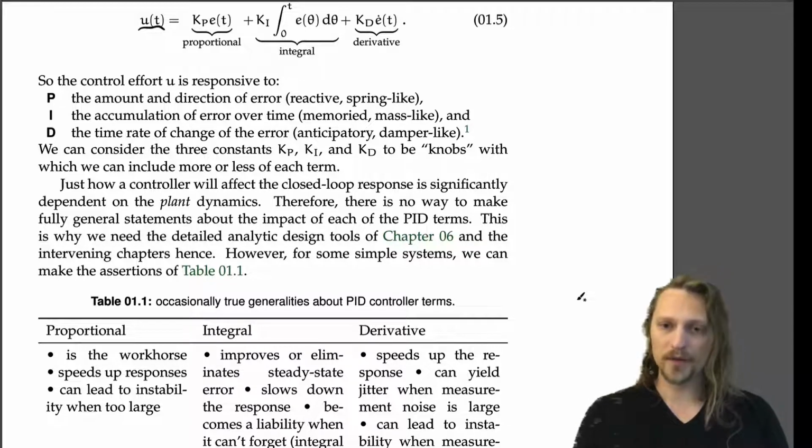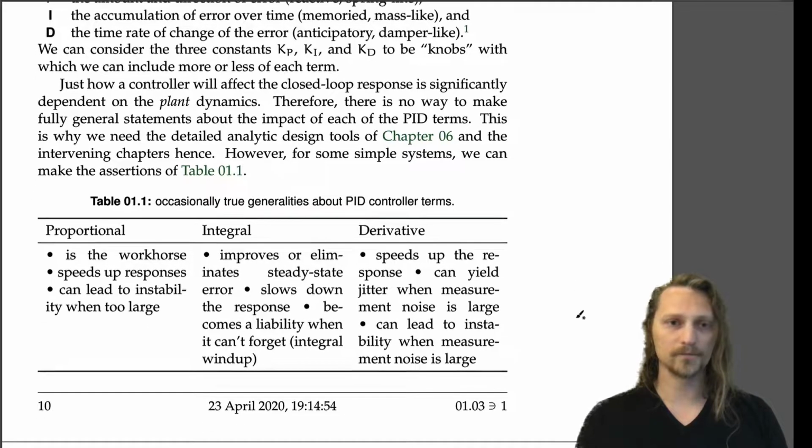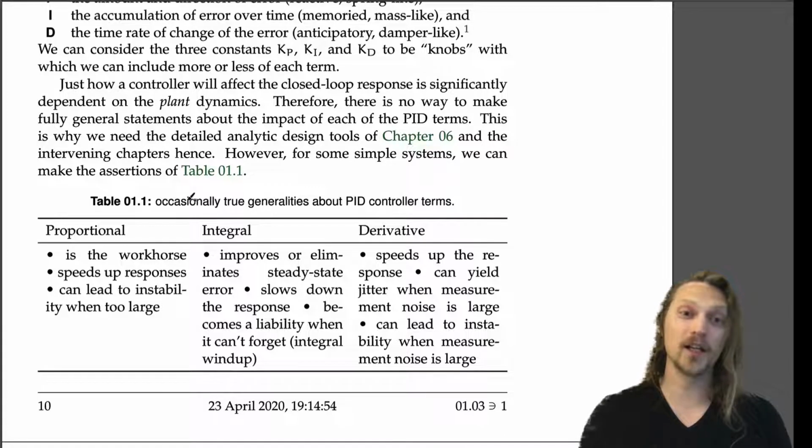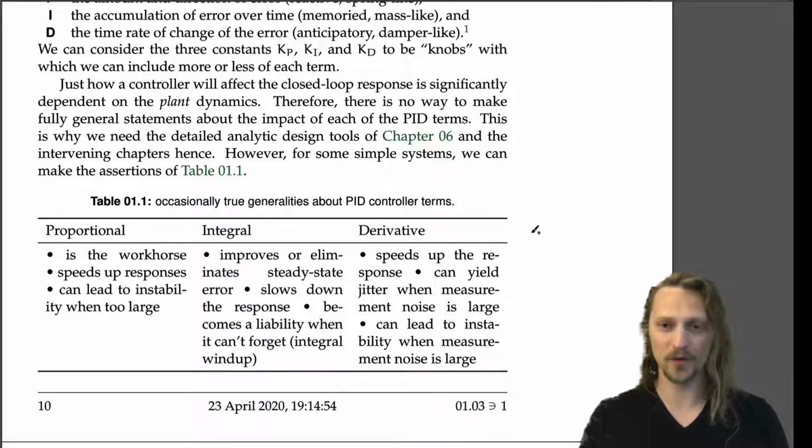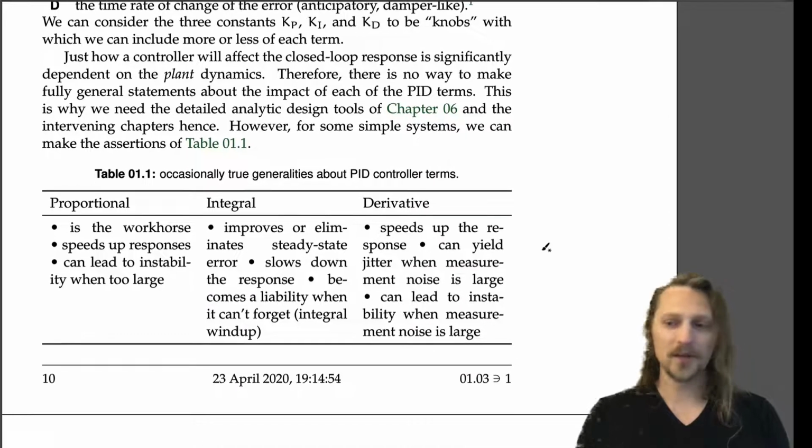However, for some simple systems, we can make the assertions of Table 1.1. So I'm giving a lot of warnings here. Occasionally true generalities about PID controller terms. These are true sometimes, and especially for simple systems, but it's surprising how frequently there are exceptions to these rules.